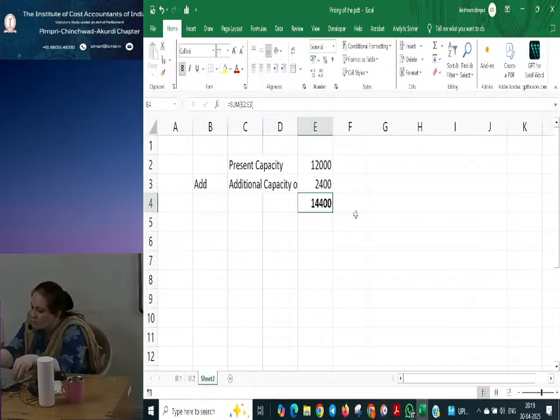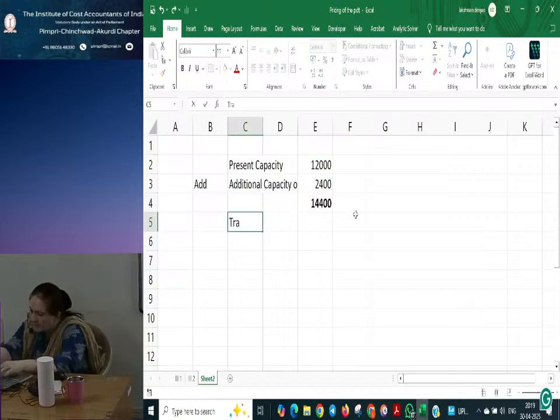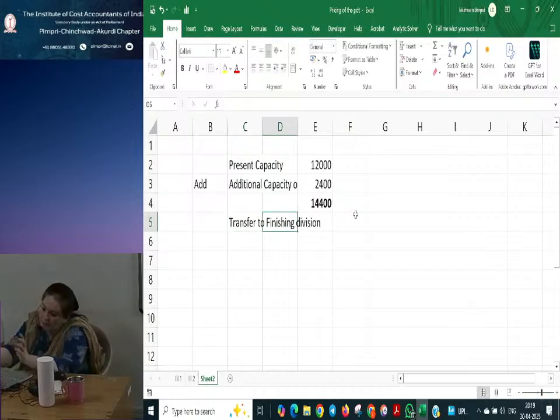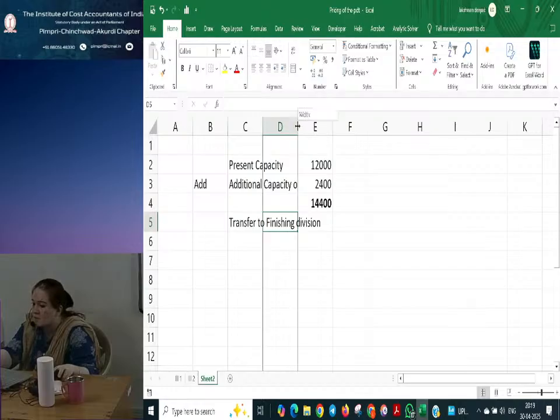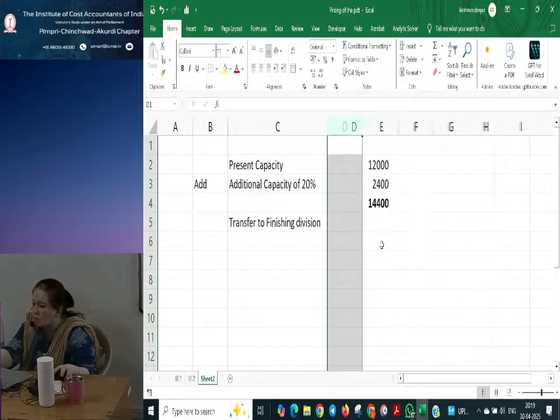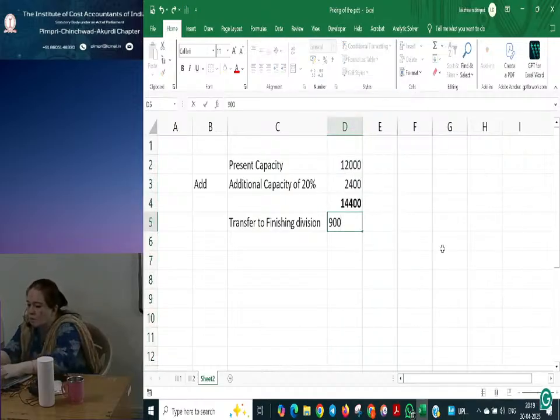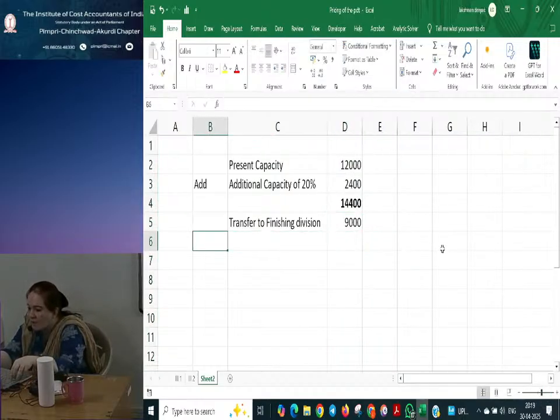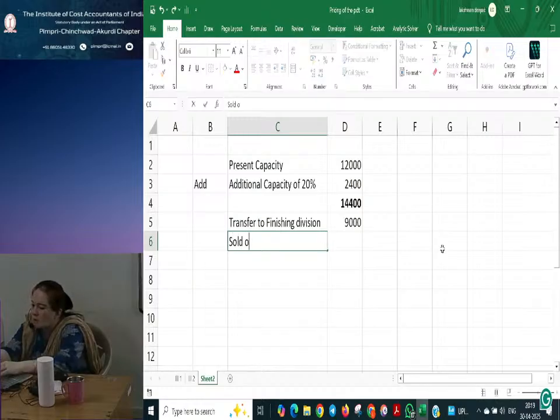But out of this 14,400 units, the transfer that they will be doing to the finishing division will be the same irrespective of the increase in their capacity, which was 9,000 before and is going to remain the same this time also. So 9,000 over here. Therefore, what will be sold in the market?